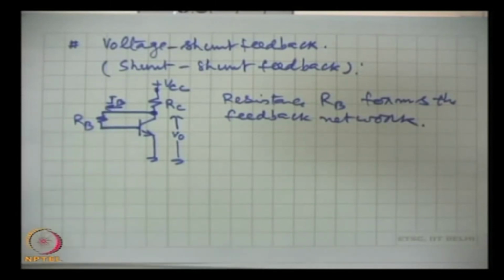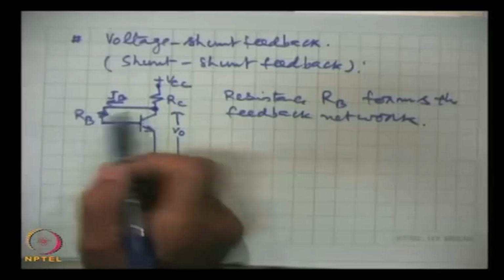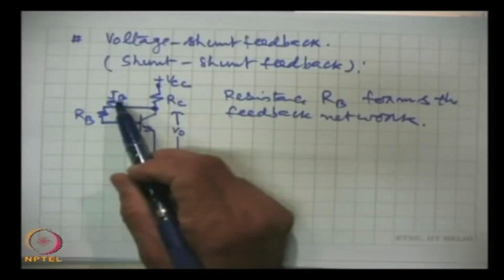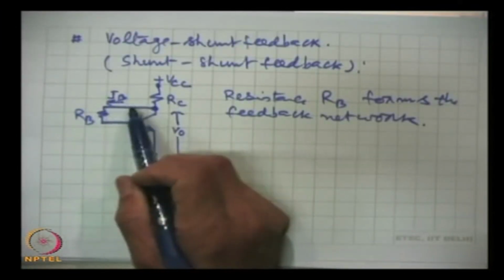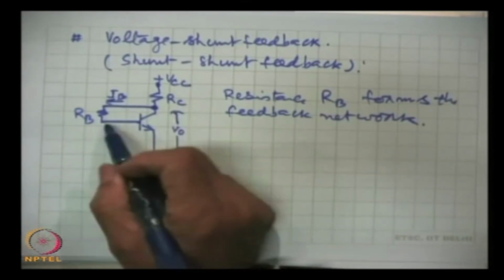How this feedback helps in bringing about the stability, we have already talked about when we were talking about the biasing schemes. This was the collector feedback bias, which is often used, and the simplicity of the circuit is very attractive. And of course, it brings stability. So, through this now the input current IB is a function of the output voltage and it is returned in parallel.